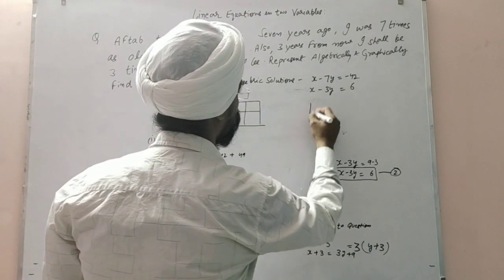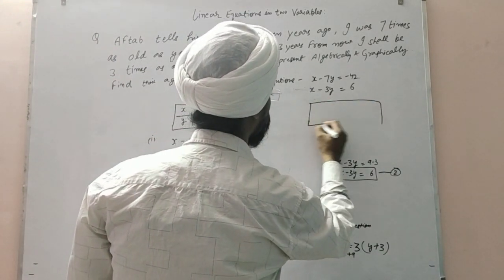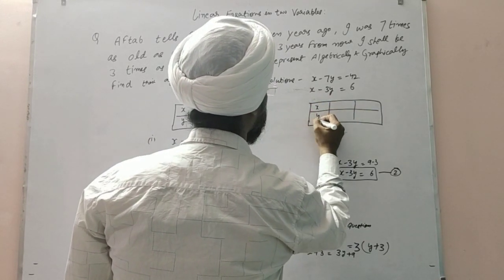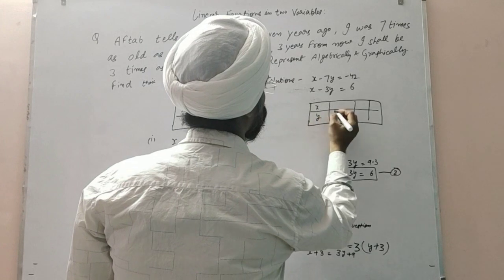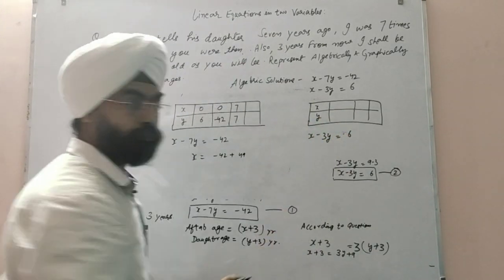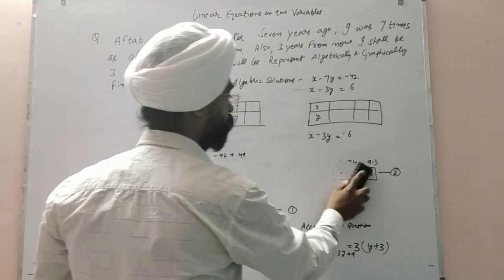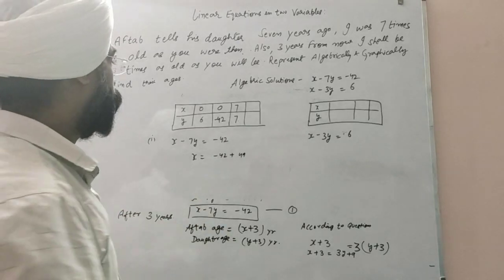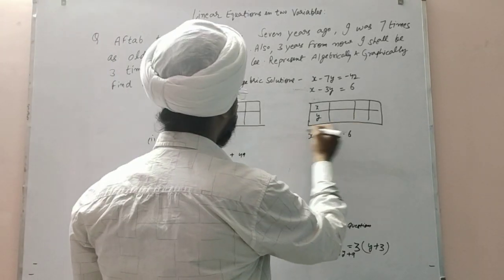Now the second table, you can solve it like this: x and y, x minus 3y equal to 6. You can take three solutions, or 4 solutions as well.